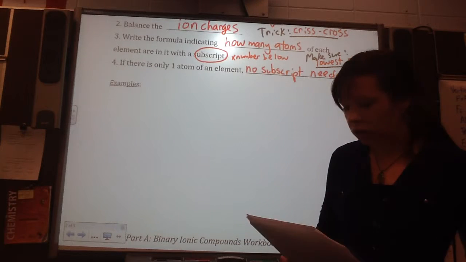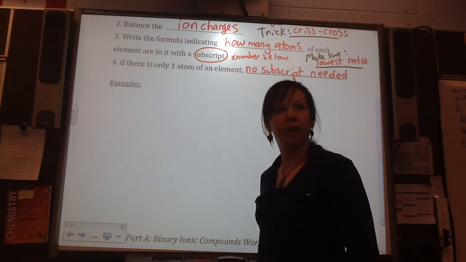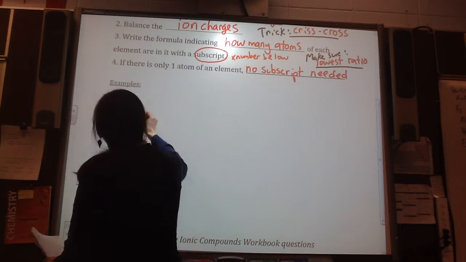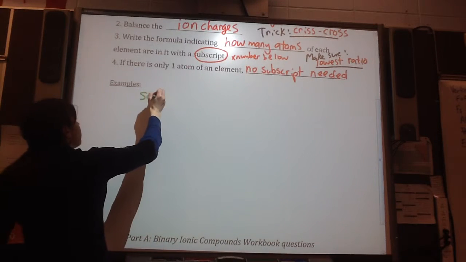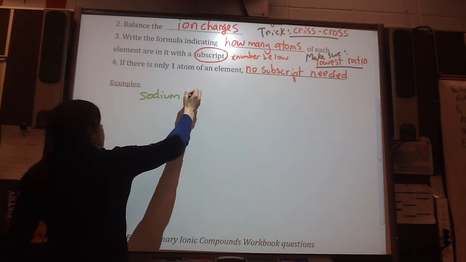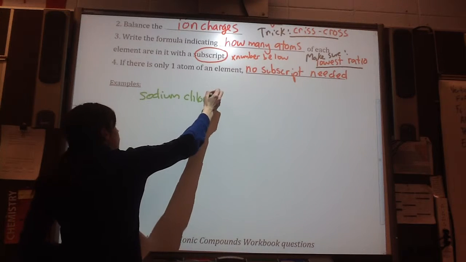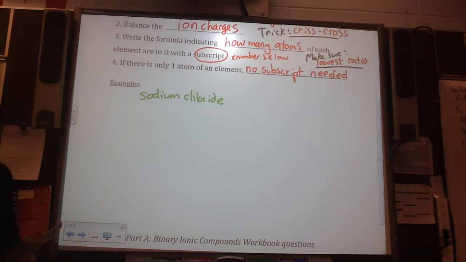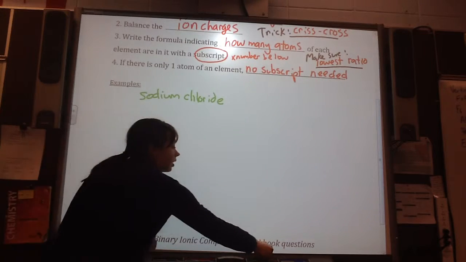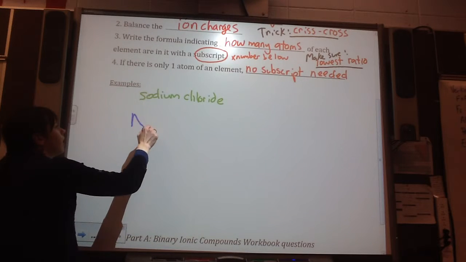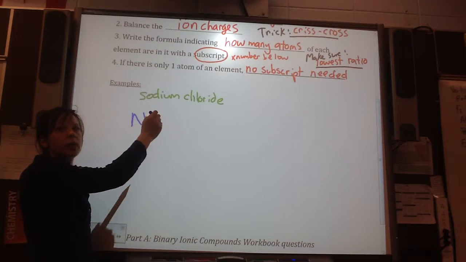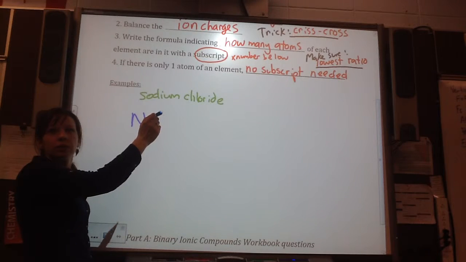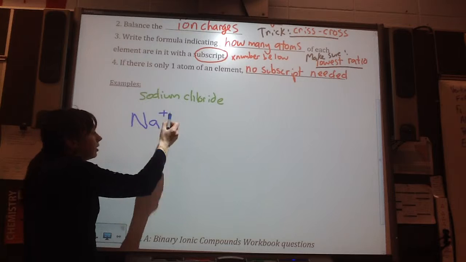Okay, so let's start with something simple like we've done before already. So let's say we start with sodium chloride. You write the cation with its charge. What's sodium's charge when it's an ion? +1.